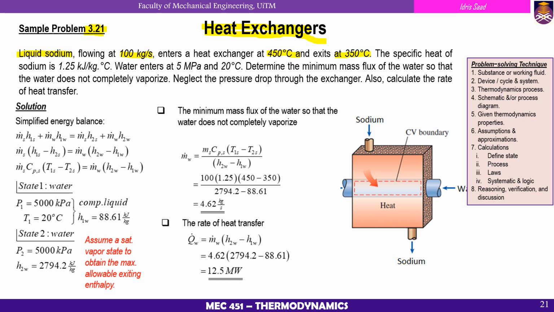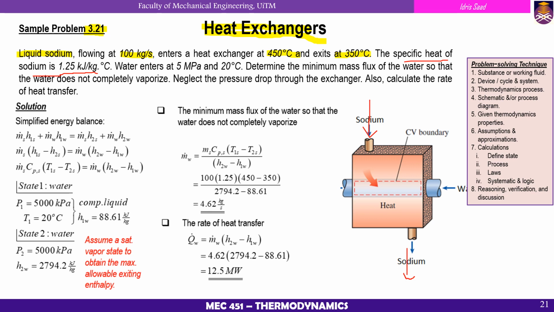If you see this schematic diagram, liquid sodium enters here and exits here. It enters at 100 kilograms per second and a temperature of 450 degrees Celsius and exits at 350 degrees Celsius.